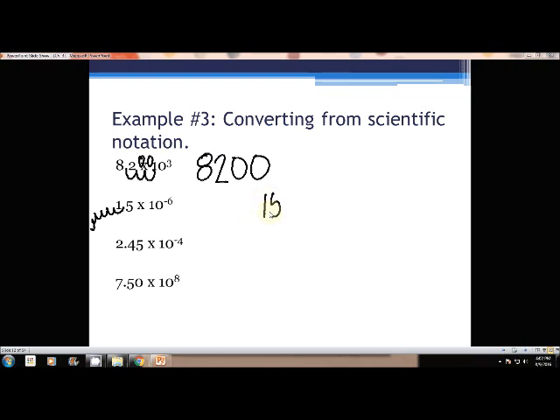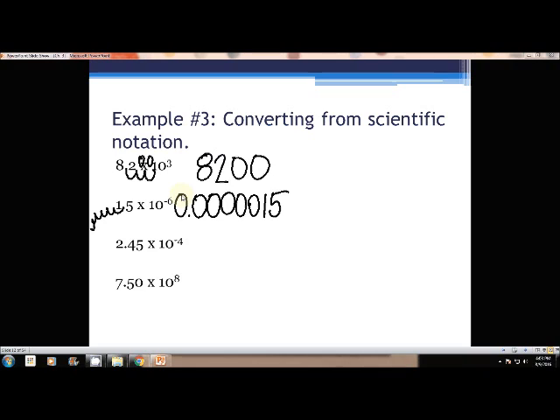So I have 1 and 5, and I started between the 1 and the 5, and I moved 6 times. So that's 1, 2, 3, 4, 5, 6. And then I put my decimal. You can leave it like that, as that's perfectly fine.